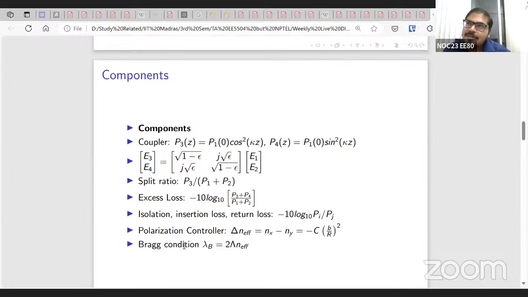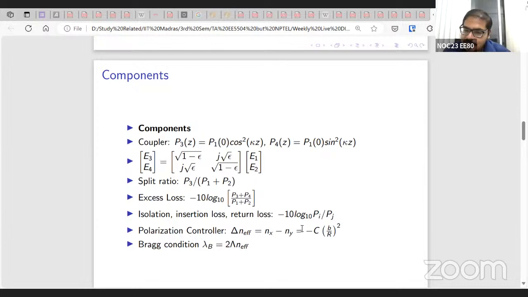And then from the fiber Bragg grating, you get this equation telling you what wavelengths are getting reflected and what are getting passed through.